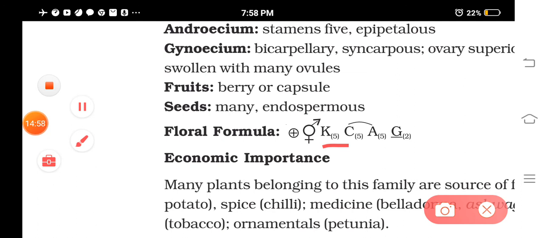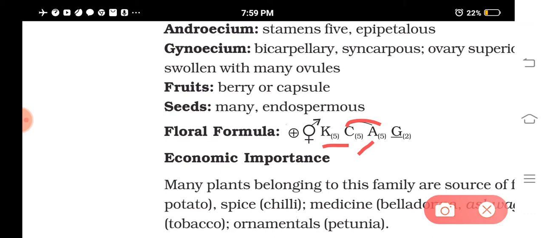Then corolla, you can see how many petals are there, 5, and they are also united. Androecium, 5, they are attached to the corolla or petals. That's what this arrow is there. Okay. Then gynoecium is superior and 2 carpels, and they are syncarpous.